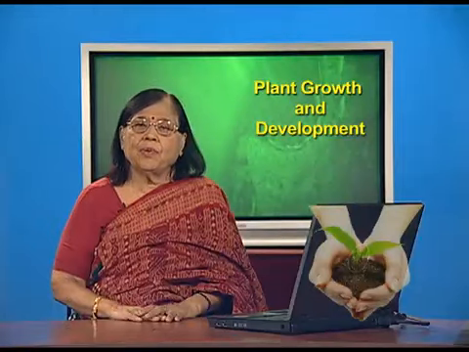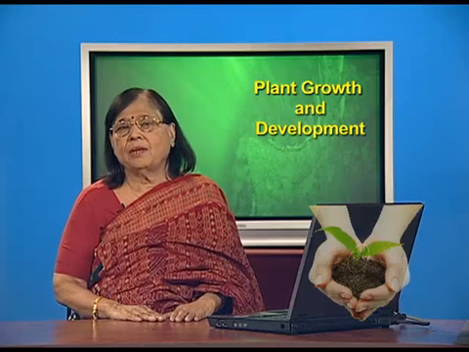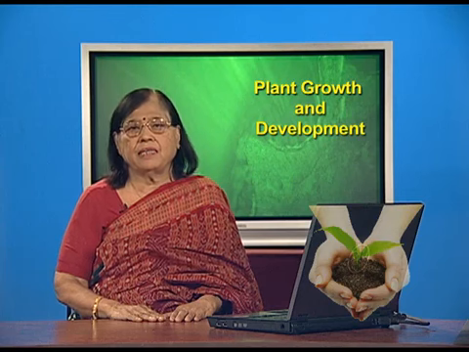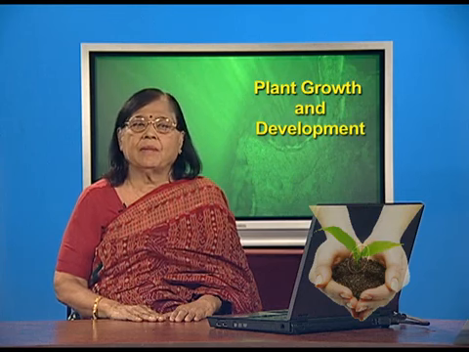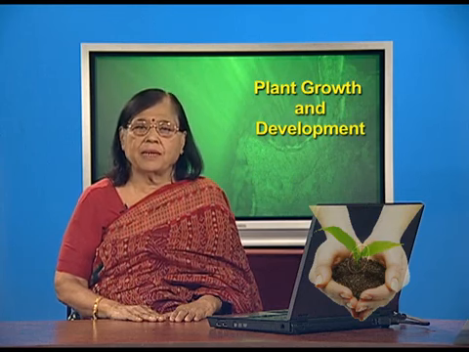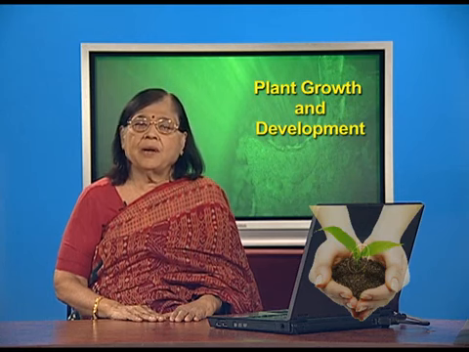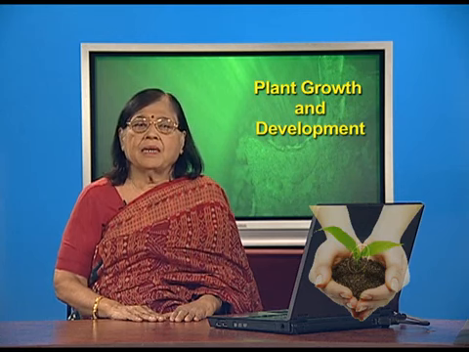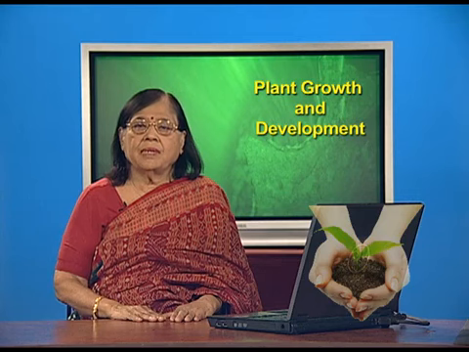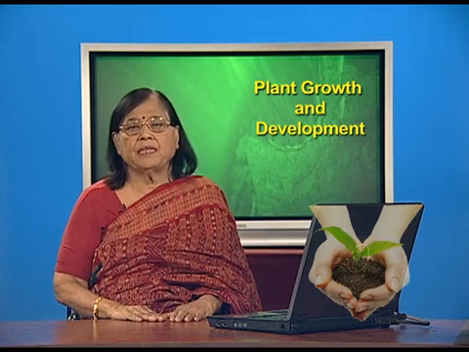Now, we come to conditions for growth. We have understood that growth is essential and it is taking place in plants, because we are discussing growth in plants today. Now, the next step is, is growth alone enough for the plant, or do we need something more?